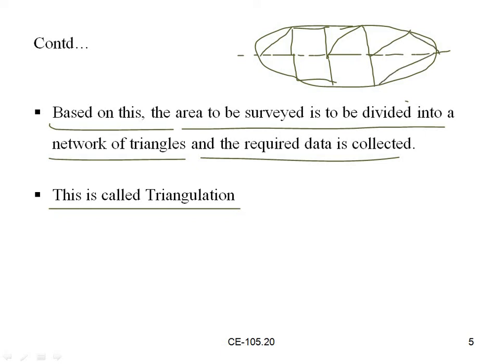In this way we are dividing the lines, and these are all called triangulations. These are the outer boundaries, which we divide into a number of convenient parts so that the required data is collected. The network of triangles is called triangulation.